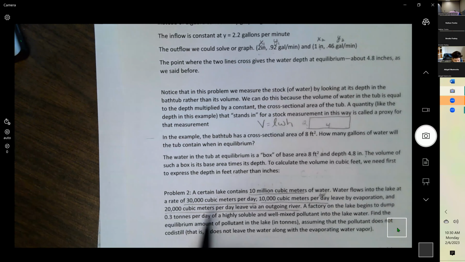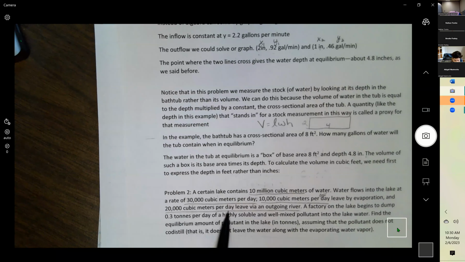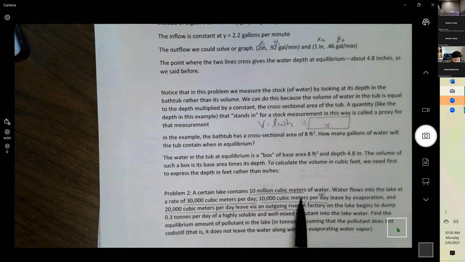The amount leaving is this one. We're not using the other one because that's evaporation and the chemical isn't leaving there.